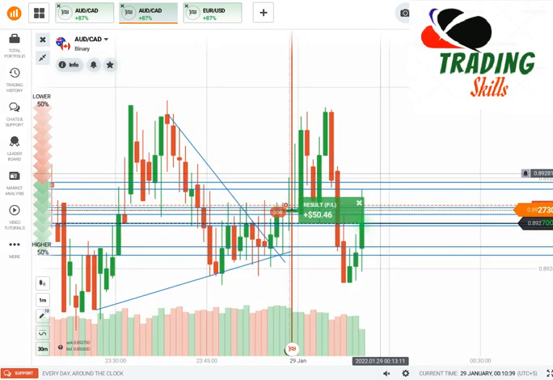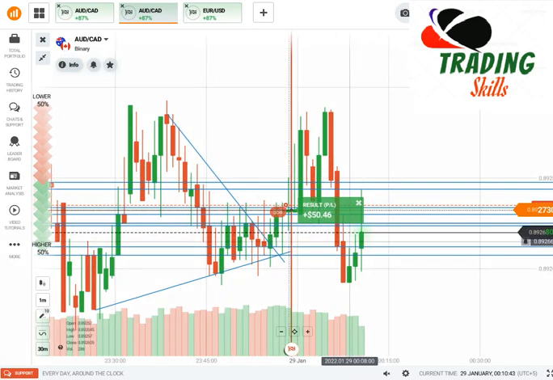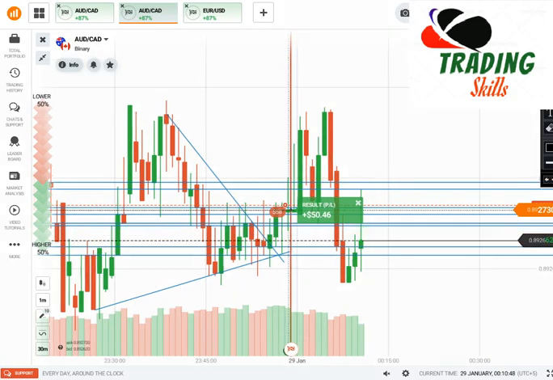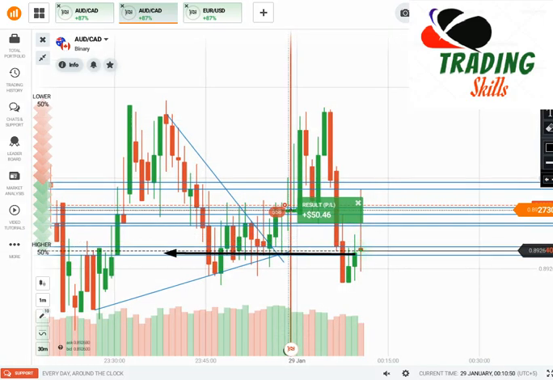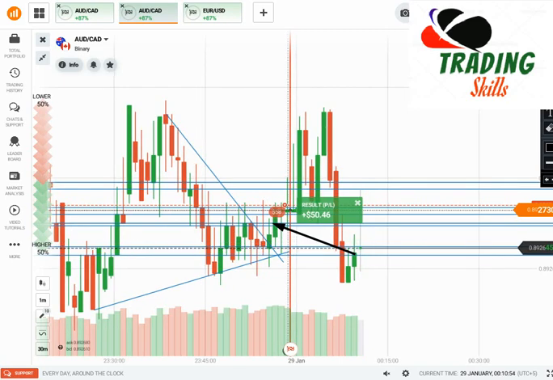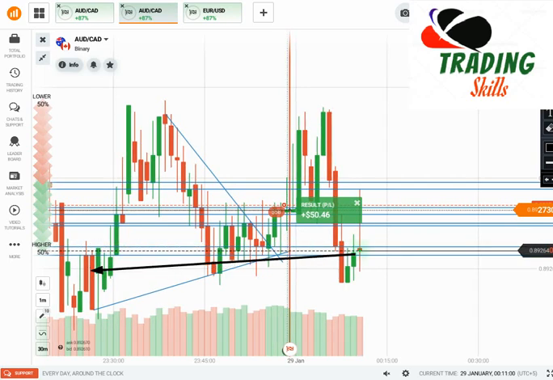Okay, now you can see on the left side, this is the left side of your chart. Now what I am seeing here, I am seeing the reversals. I am seeing that from exactly these points sellers entered here.